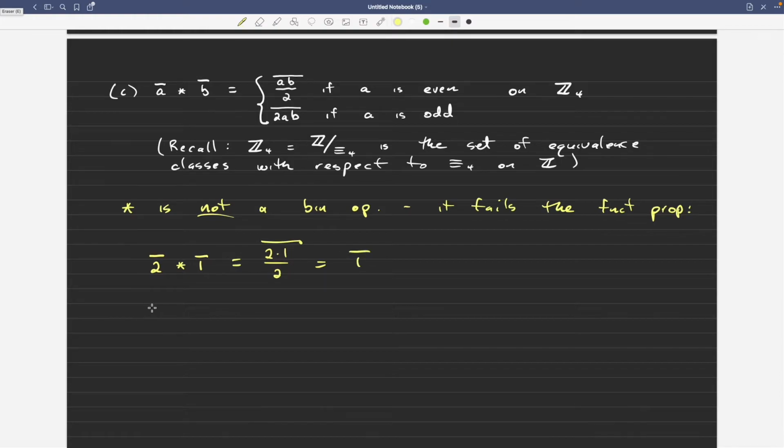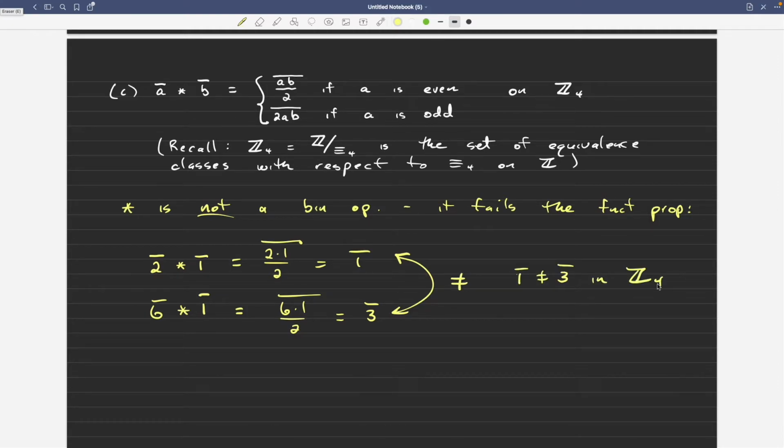On the other hand, if I would do 6 bar star 1, notice the corresponding components are equal. So again, the first component is even, so I do 6 times 1 divided by 2 with a bar on top. And so that's 3 bar, but we see that these two things are not equal. 1 bar does not equal 3 bar in Z4.